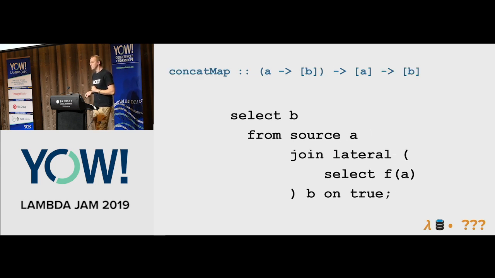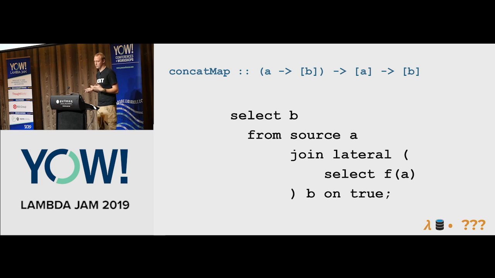One that maybe is a little bit more surprising is concatMap. I promised earlier on that I was going to explain lateral joins. I suspect this is probably the only bit of SQL syntax that wouldn't be familiar to most people in this room. Maybe some of you have seen lateral joins before, maybe you haven't.